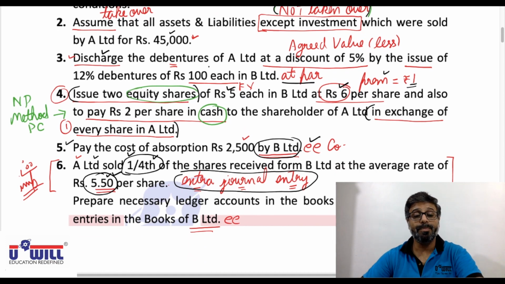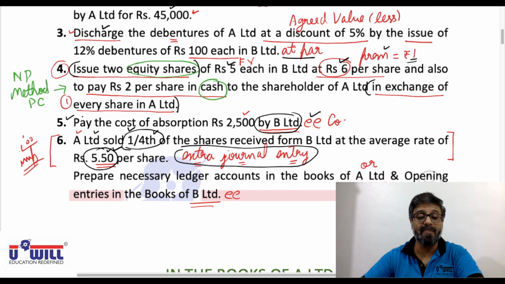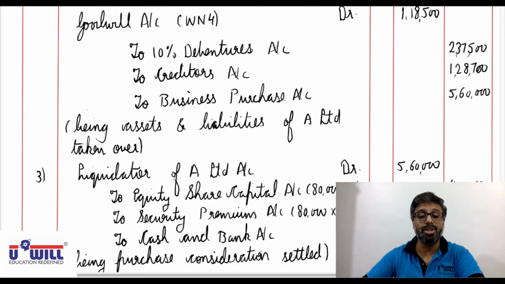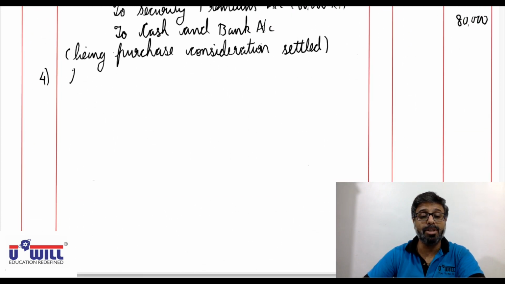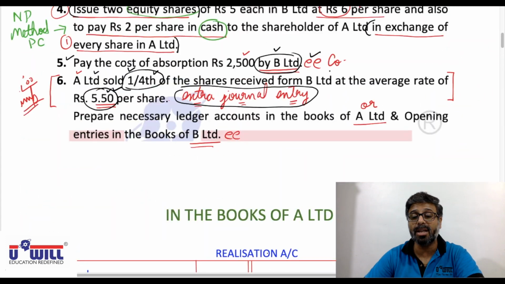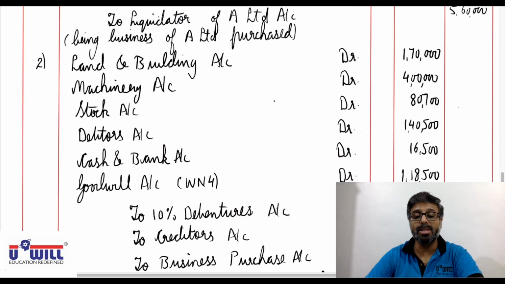After that we have liquidation expenses. Do we have them in this question? Yes. Look at adjustment number 5. B Limited pays the cost of absorption, 2,500. So B Limited will pass the entry. Now because it is amalgamation in the nature of purchase, by the purchase method of accounting, goodwill account debit for the amalgamation expenses or liquidation expenses of 2,500, because in the second entry we have goodwill, so we'll say goodwill account debit.